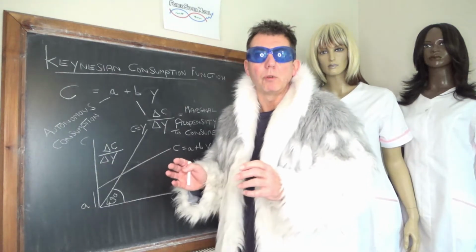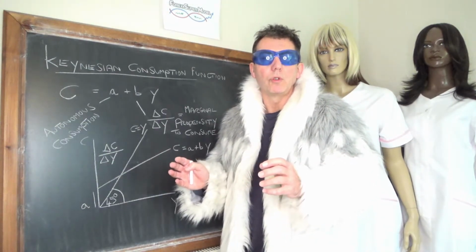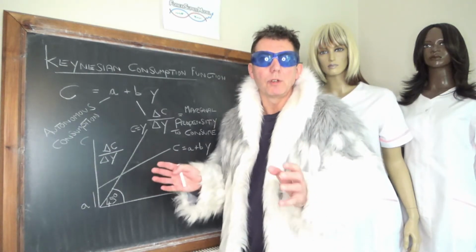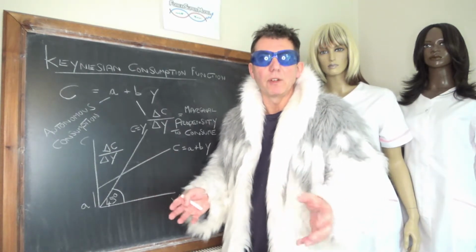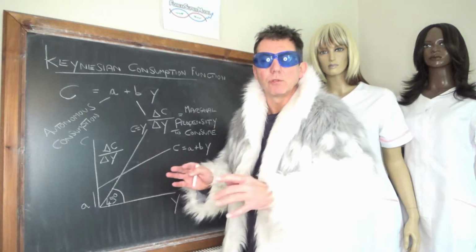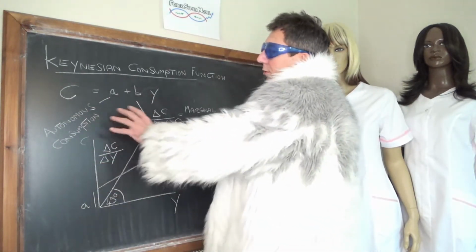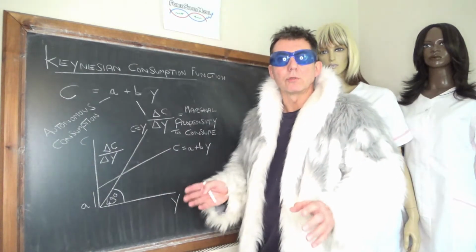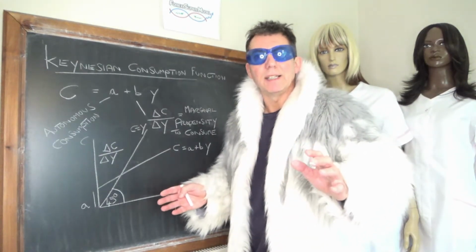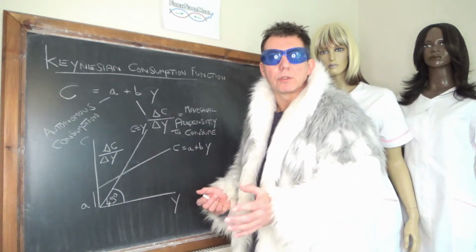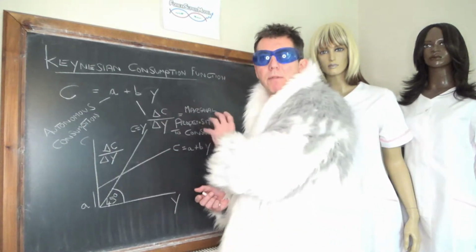That's your minimum needs. No matter how low your income, you have to survive. You have to eat a certain amount, drink a certain amount, all the rest of it. In the theory, that is known as autonomous consumption. It's not related to your income. You do this anyway because you want to survive. It's the minimum level of consumption.